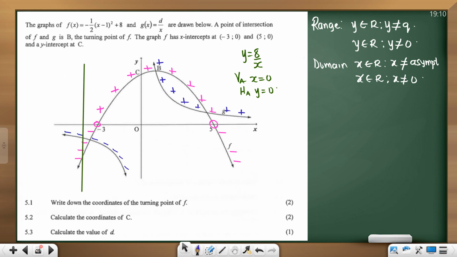I'm looking for that. Now, immediately after 0, what do you notice? Can you see the pink one is positive and the blue one is negative? That's what I need.